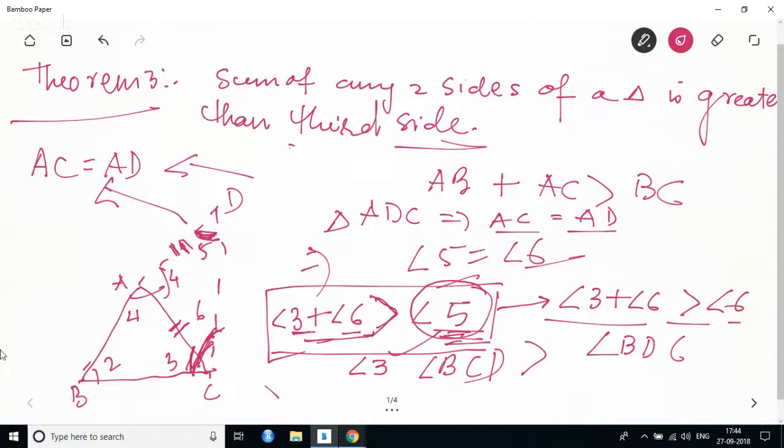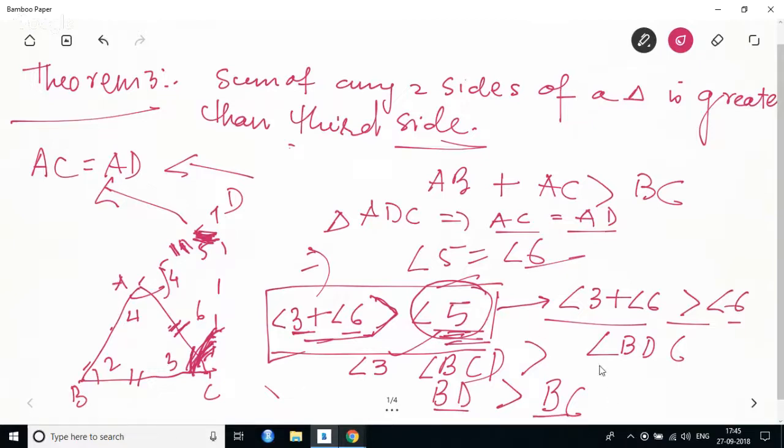The side opposite to this particular angle is this complete BD, and BD is greater than the side opposite to BDC. Now guys, understand, opposite to this there are two sides. AC is also there and BC is also there. Now you have to look at which triangle I am using. I am not using triangle ADC, where you would use AC. I am using the complete triangle BDC, so I'll use BC. So I will write BD is greater than BC.